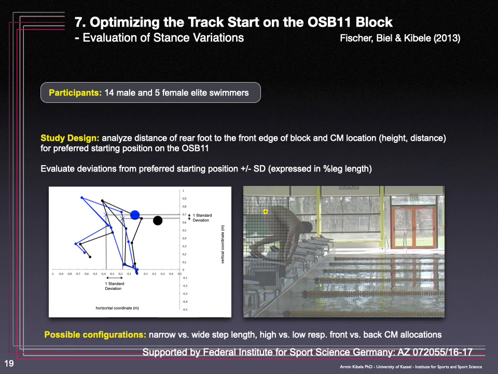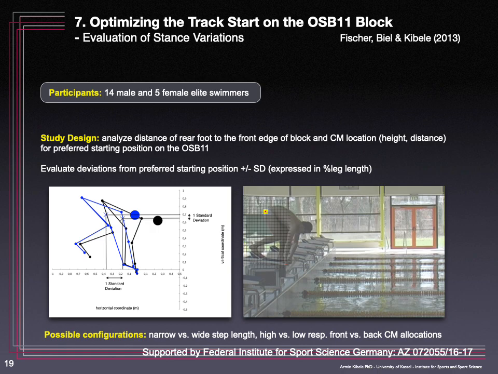These standard deviations were then added or subtracted from the preferred stance configurations. See left image. For example, a low center of mass height for a subject was determined by their center of mass height in the preferred stance position minus one standard deviation reconverted to the subject's leg length.